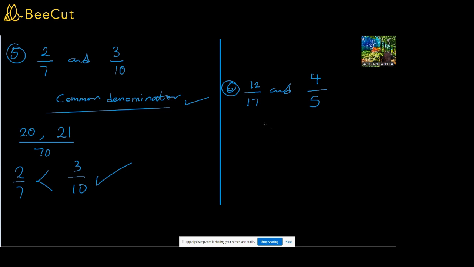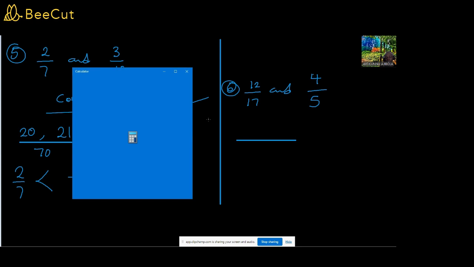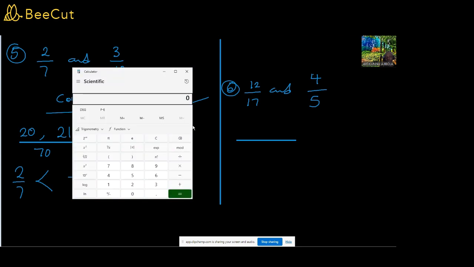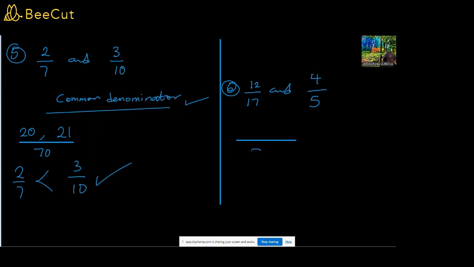Now, if we want to compare this, we need the same denominator for it. So, to get the same denominator, it's more or less like saying 17 times 5, because 17 is a prime number, so nothing is common between 17 and 5. So 17 times 5 is going to give me 85, okay?